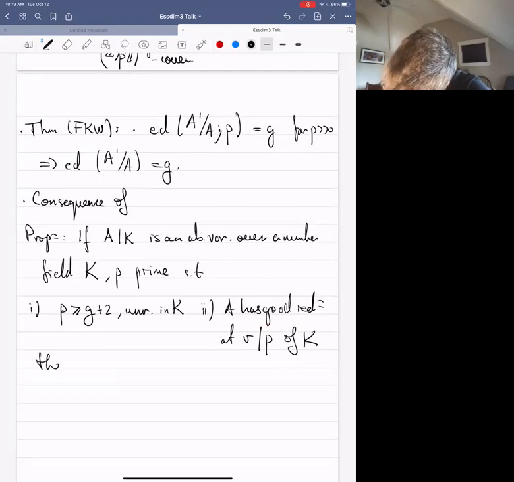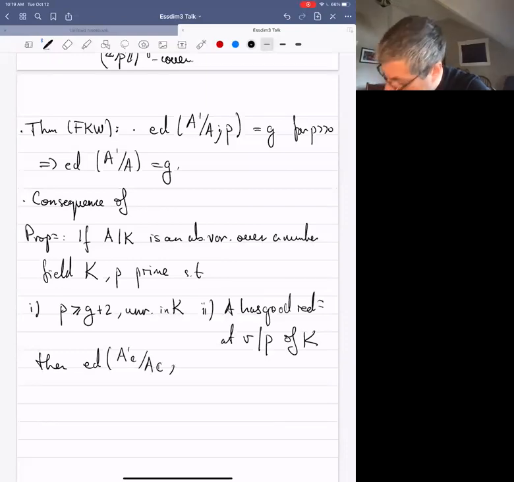Okay, so then the statement is that if I look over the complex numbers now, the P essential dimension is equal to G. So the covering is P incompressible.